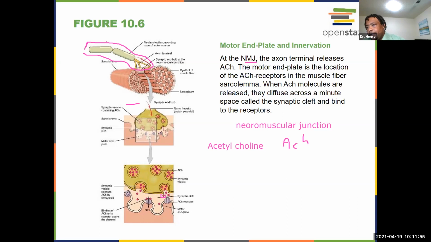And that should not be sodium minus, that should be sodium plus. So it allows the sodium ion to actually internalize. Then the sodium ion internalizes and it causes that depolarization.